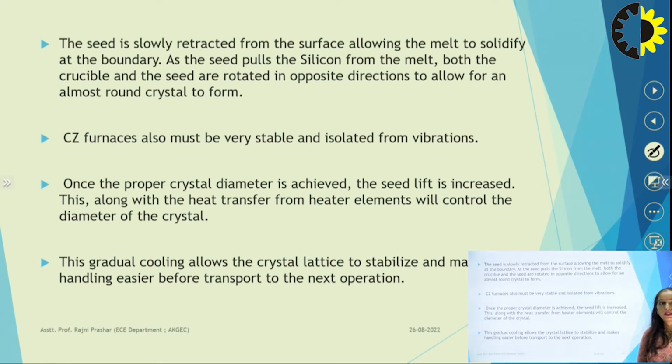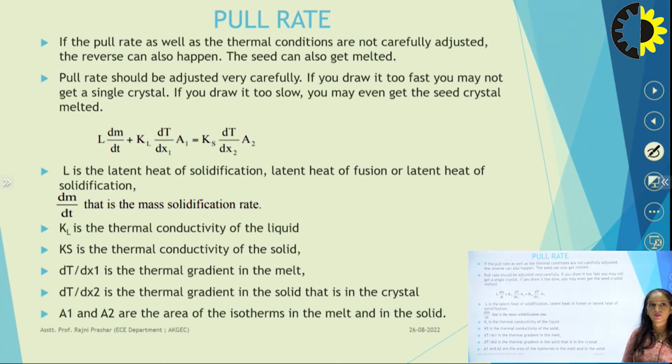Once the proper crystal diameter is achieved, the seed lift is increased. This, along with the heat transfer from the heater elements, controls the diameter of the crystal, and this gradual cooling allows the crystal lattice to stabilize and makes handling easier before transport to the next operation, that is slicing of the ingot into wafers.